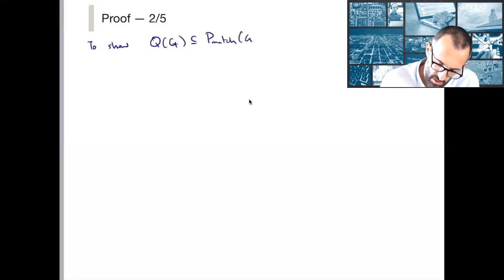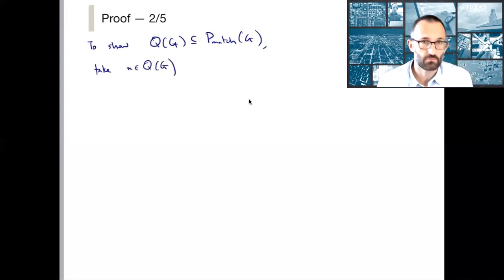In the next four slides we're going to show the reverse inclusion. To show that Q of G is contained in P match of G, we take an arbitrary element of Q and see if it's contained in P match.